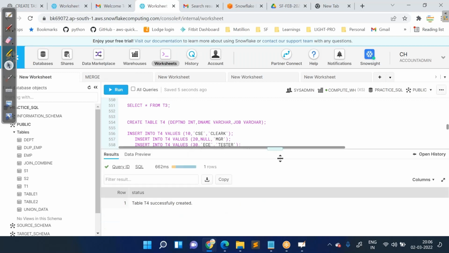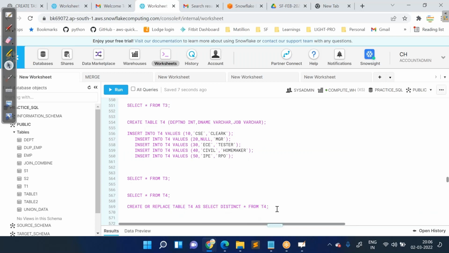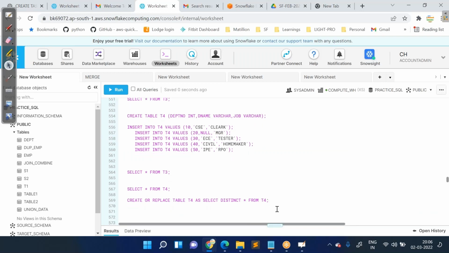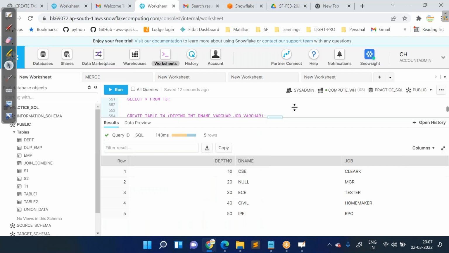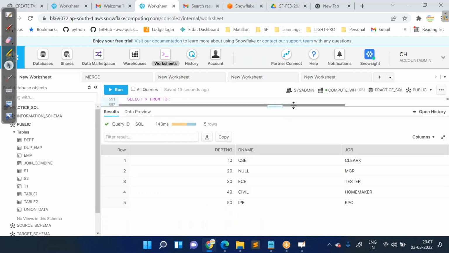We are replacing. You have to write these things immediately. You have to get ready with all these kinds of things. So select T4. How many records? So total 5 departments in department table.